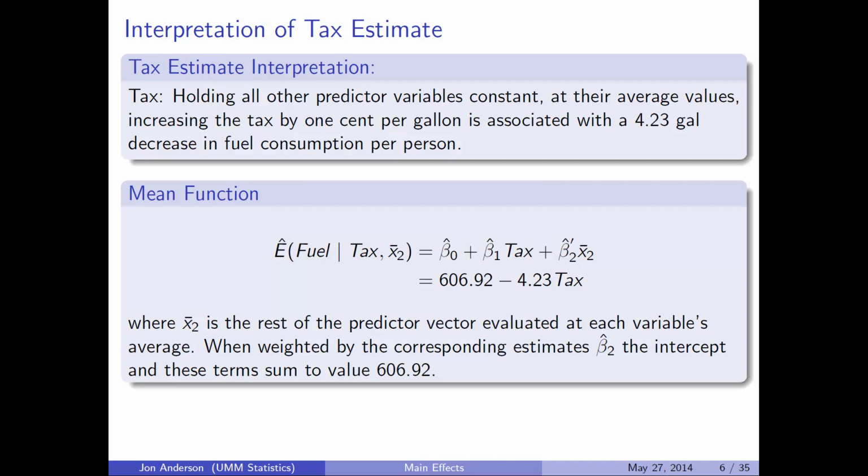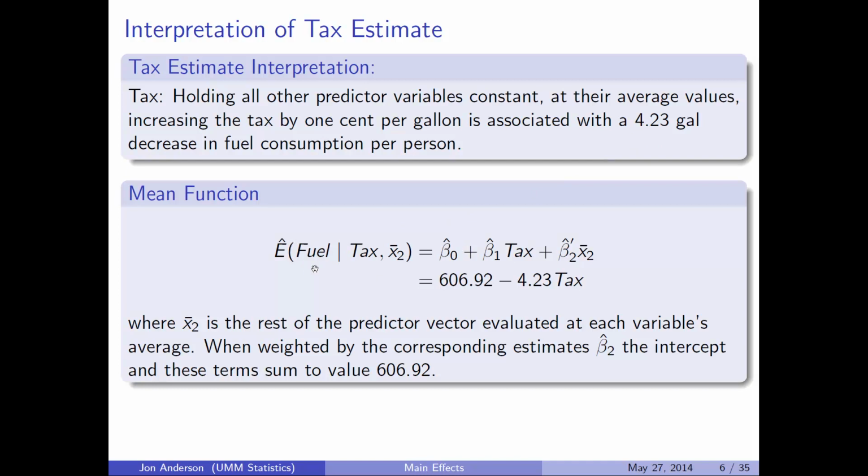One way you could think about this issue, holding other variables constant, you could explicitly say, well, holding them constant at their average values, or the X bars for all the other predictors, we saw that that's a 4.23 gallon per person reduction, all else held constant. You could write that in terms of the coefficients like this.